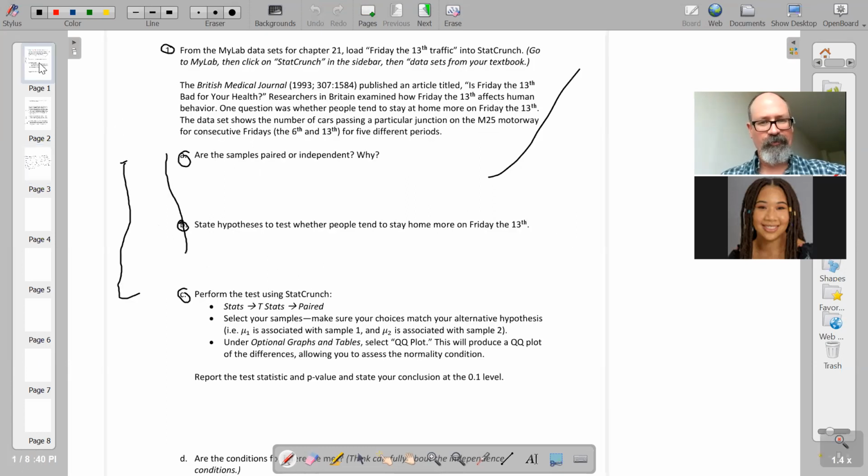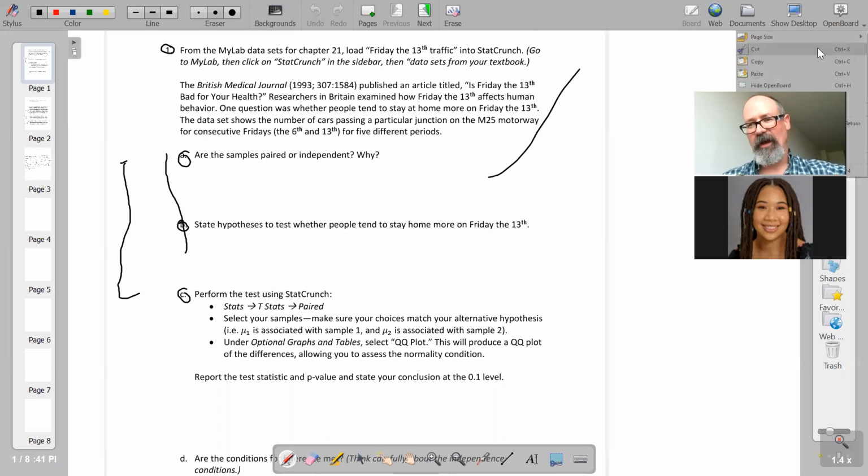So when you're dealing with this particular problem, you see that you have a published article, Is Friday the 13th Bad for Your Health? Researchers in Britain examined how Friday the 13th affects human behavior. One question was whether or not people tend to stay home more on Friday the 13th. So the data set that you're seeing looks like the number of cars passing through a particular junction on the M25 motorway for consecutive Fridays at five different periods.